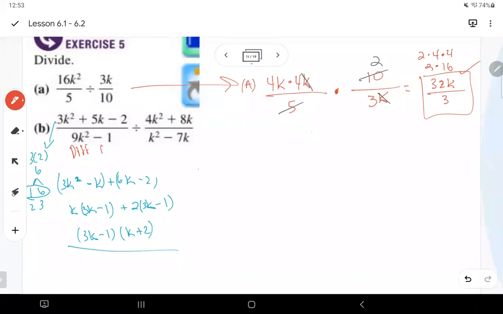So again, you're going to do, here we have to remember that the square root of 9k squared is 3k. So we split that root. And then we also do a plus minus of the number.